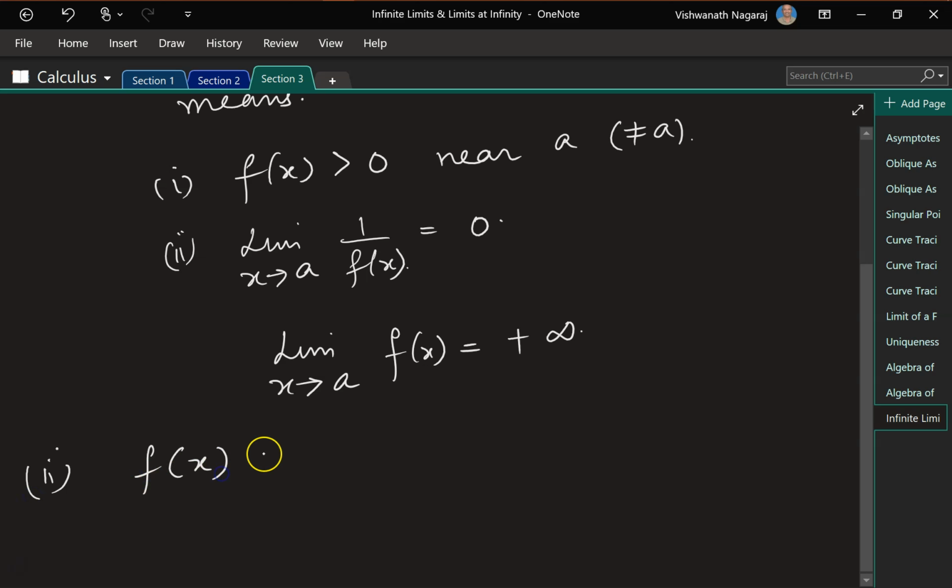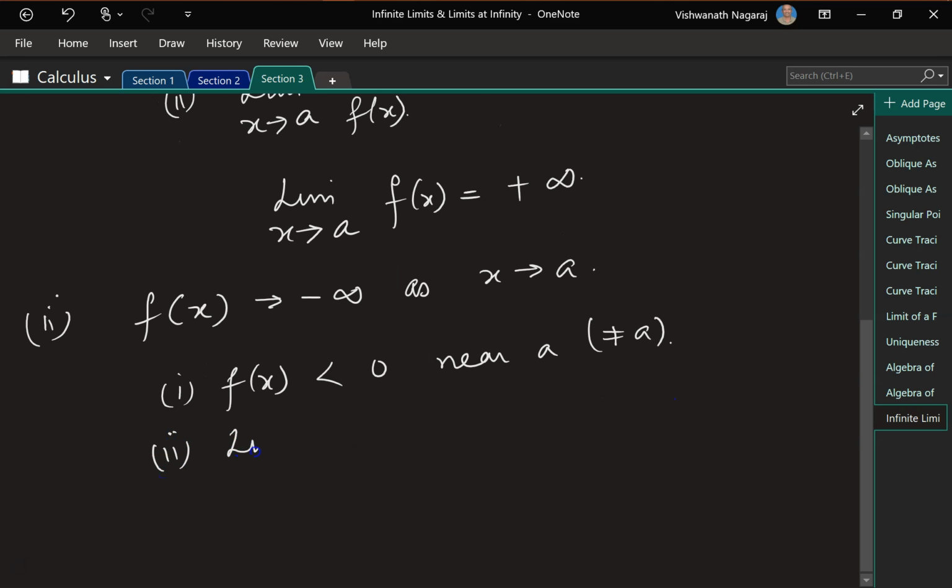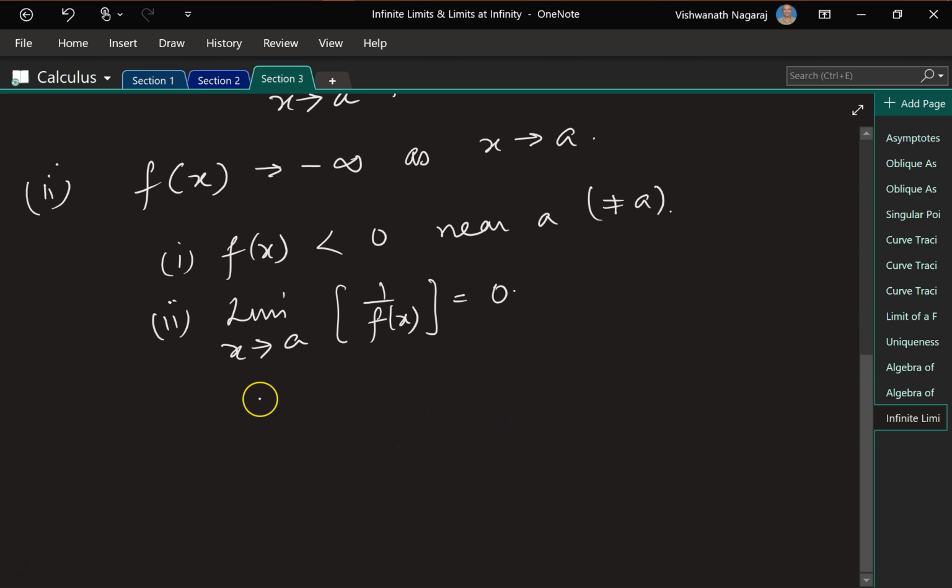Now when we say f of x tends to minus infinity as x approaches a, it means f of x is less than 0 near a, not equal to a, and the limit as x approaches a of 1 by f of x is equal to 0, and we write it as limit as x approaches a of f of x is equal to minus infinity.